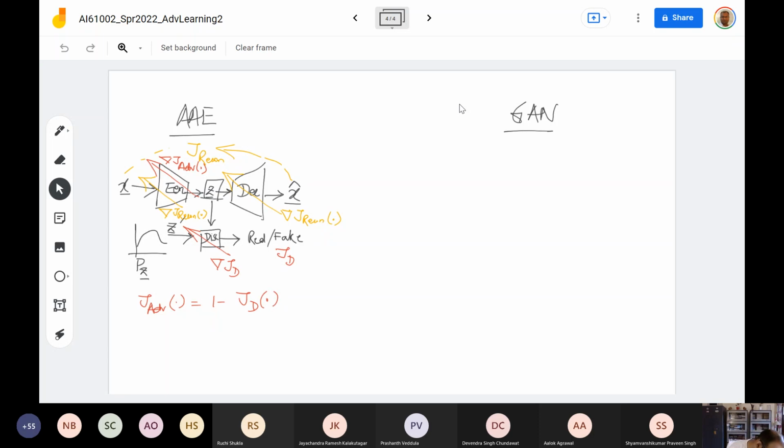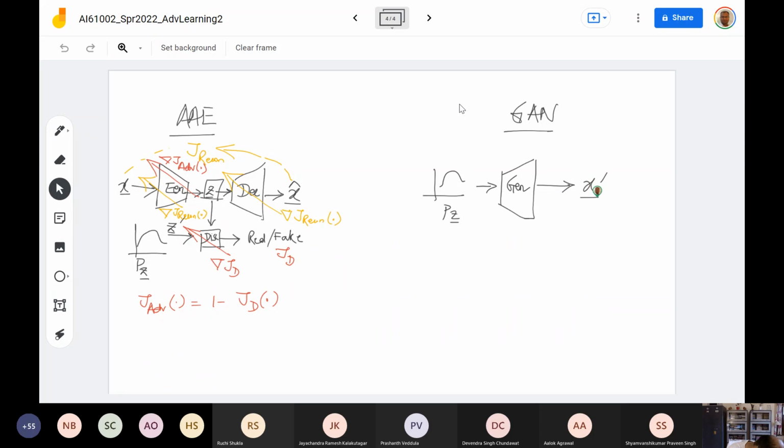Now, in case of a generative adversarial network, what you get is something like this. So you have a random distribution model over here, which is P of Z. This goes into a generator model, and out comes some sort of an X prime.